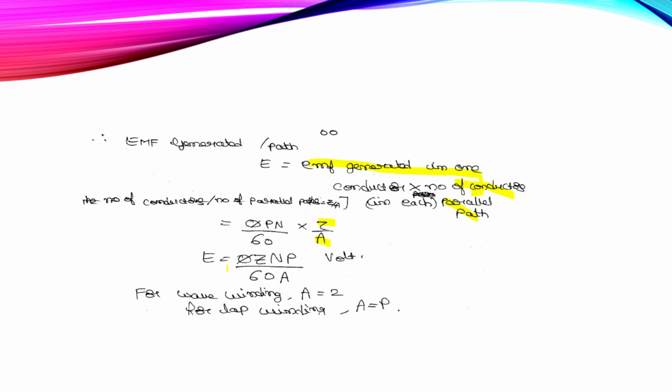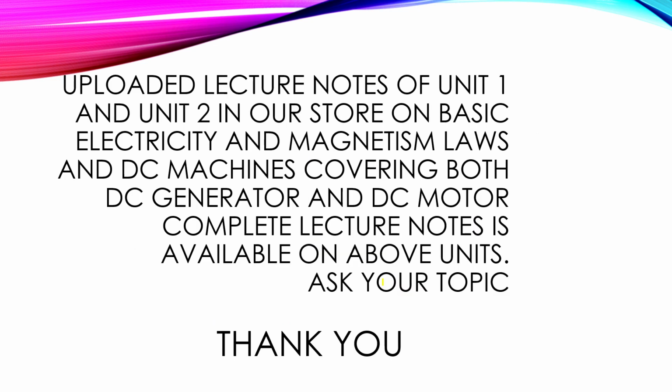So E is equal to phi Z N P by 60 A. The value of A depends on the type of winding. If it is a wave winding, the value of A is 2. If it is a lap winding, A is equal to the number of poles. So this is the final equation.